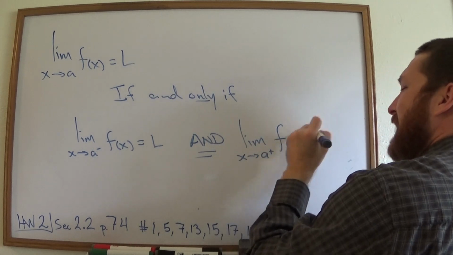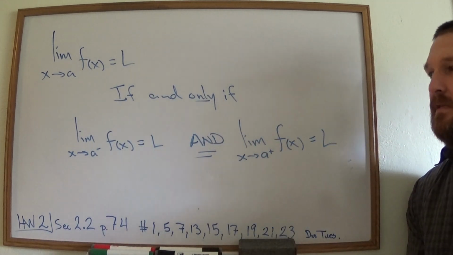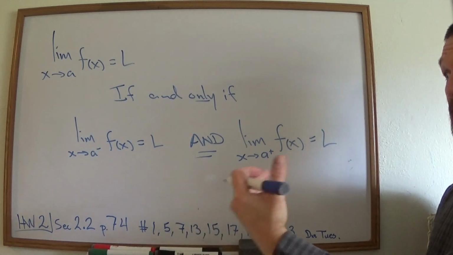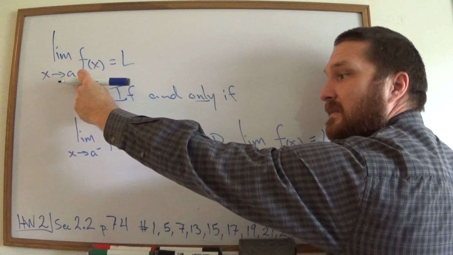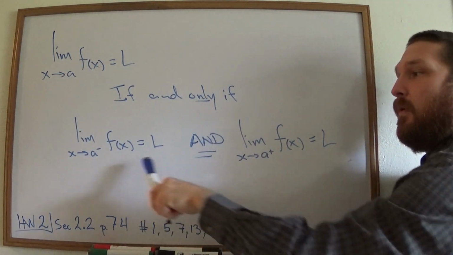And I've been saying that the whole time. This should come as no surprise to you, right? Every time I say we go from the other direction and we're going to the same place, that limit exists. But it has to be the same from both ways.